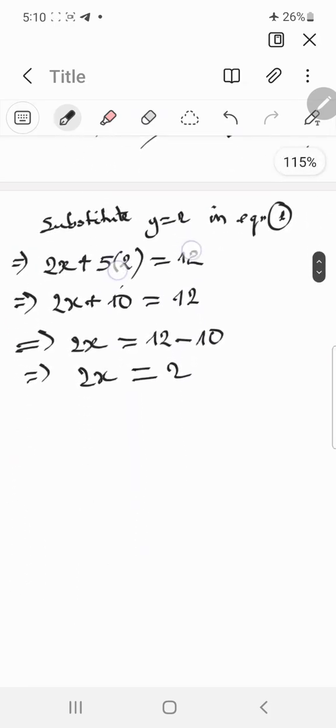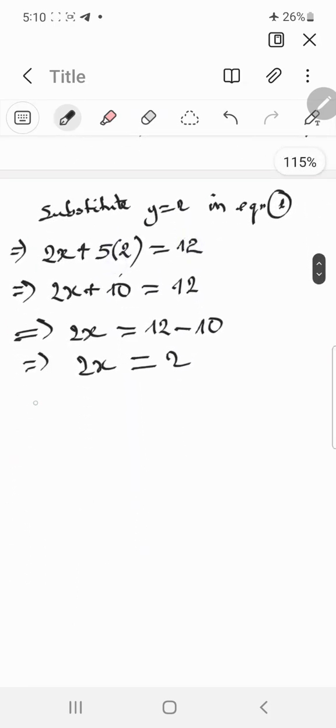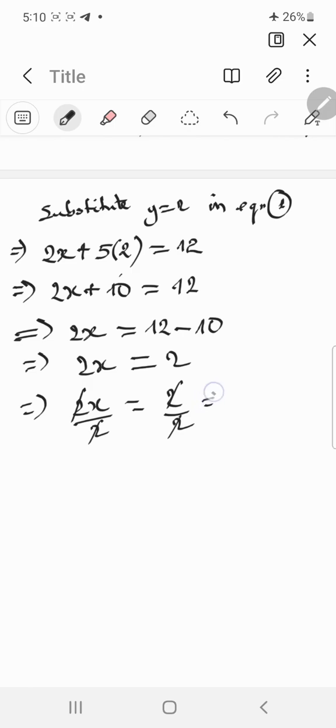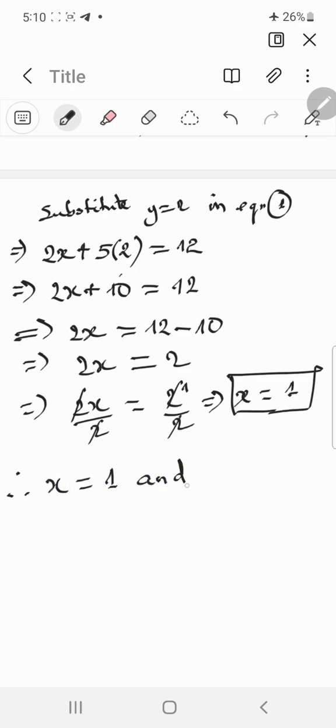And for those who can see clearly, we can see therefore that x is equal to 1. That's the value for x. So the final solution therefore is that x is equal to 1 while y is equal to 2.